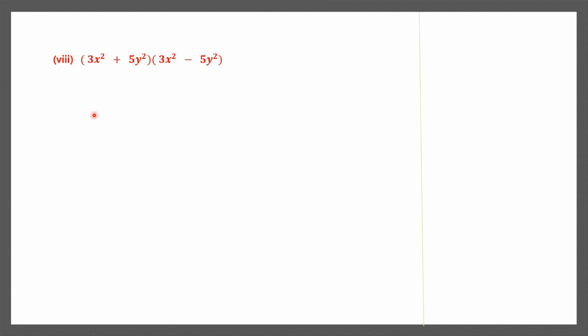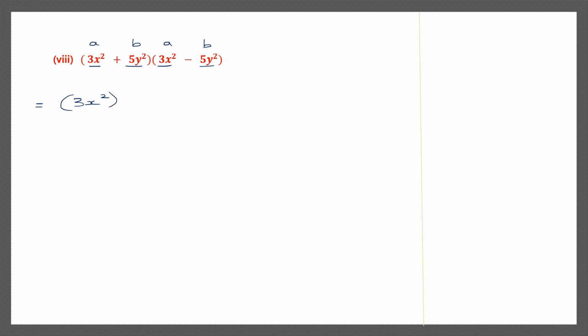Question 8. Now here also 3x square and 3x square, 5y square, 5y square, sum and difference product. So we can apply the formula a square minus b square. So this whole thing is a and this whole thing is b. Similarly, a and b. So now a square means first write a. So this is a.